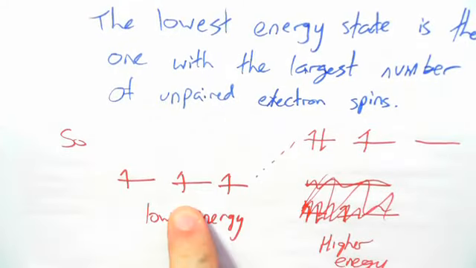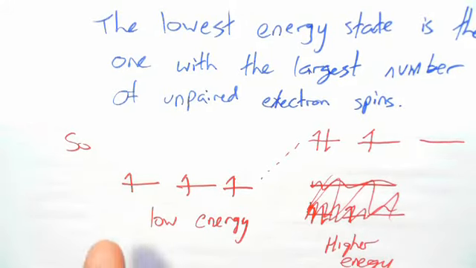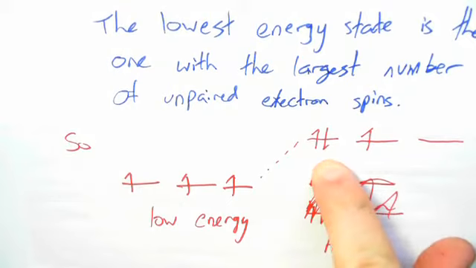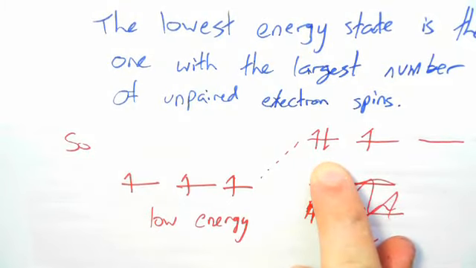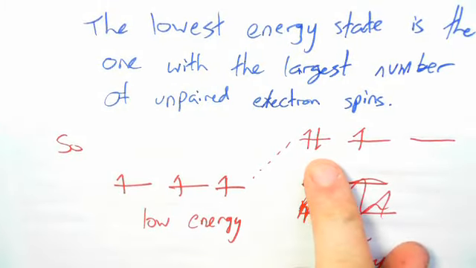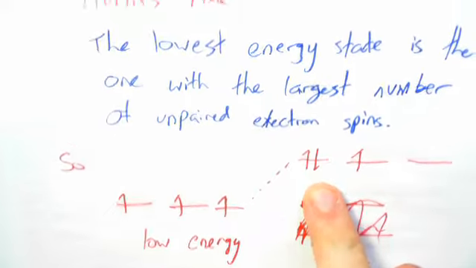So in this case, where there are 3 electrons in, say, a 2p orbital, the lowest energy state, they will fill up like this. So there are 3 unpaired electron spins all spin up, and this state where you've got a paired electron spin, so a spin up and spin down in the same orbital, that is actually a higher energy state. So that's all that Hund's rule is saying.